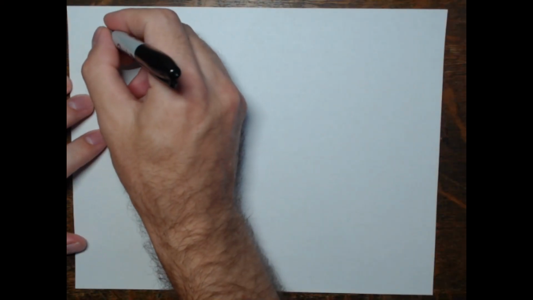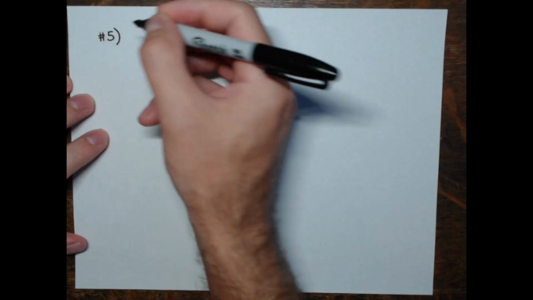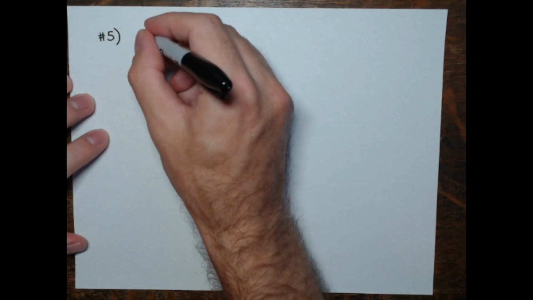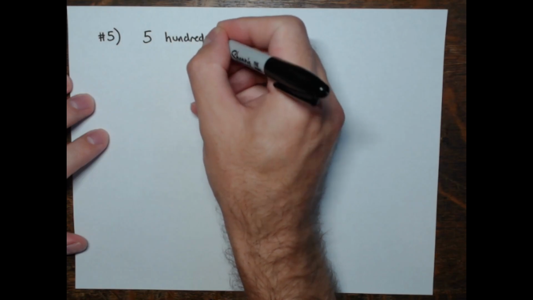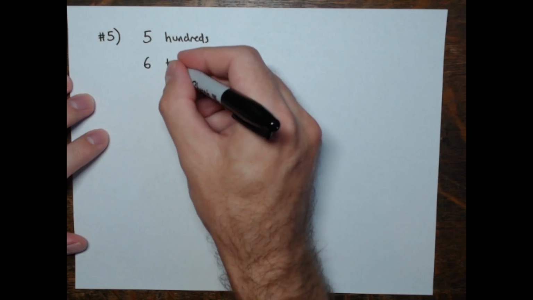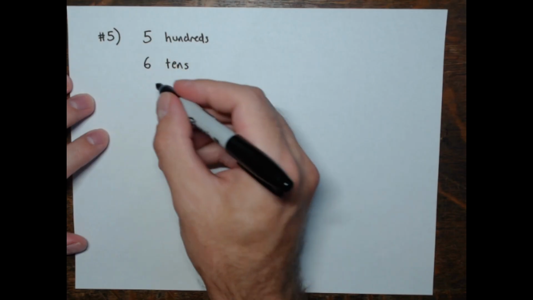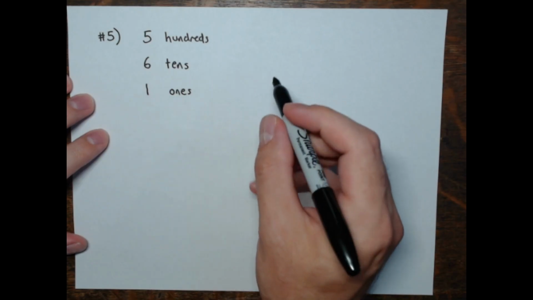So again, I'll write that out. This is exercise number 5. There were 5 hundreds blocks, there were 6 of those tens rods, and there was one single block, or one ones.